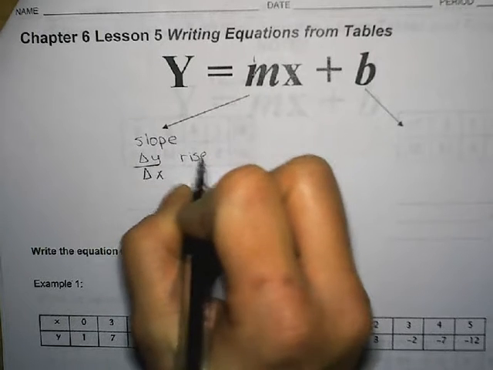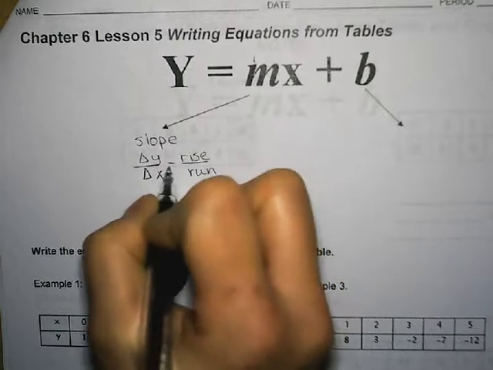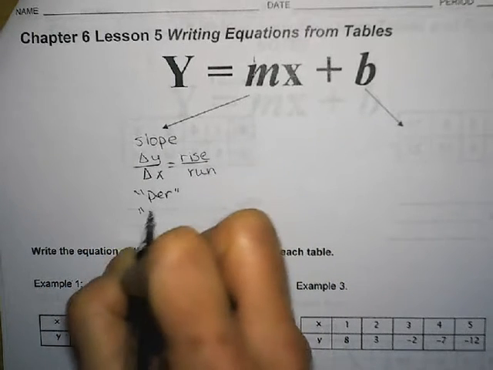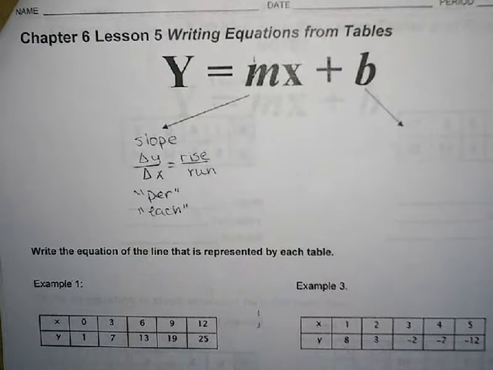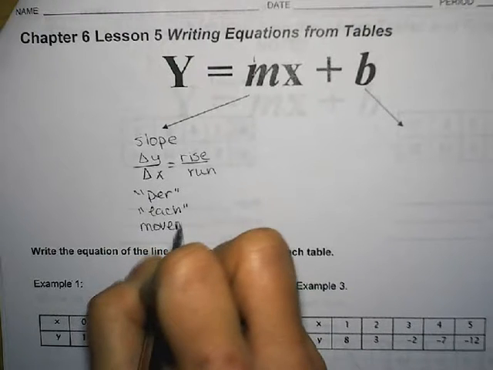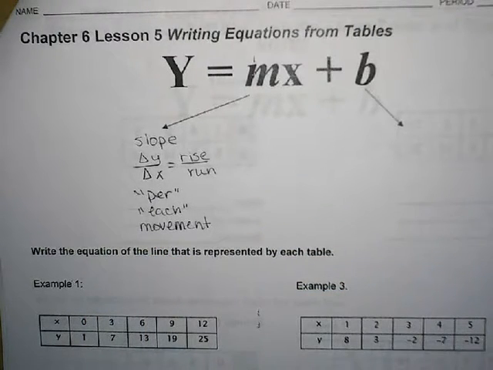It is the rise over run. It's the per, the each. It's the movement when creating a line.